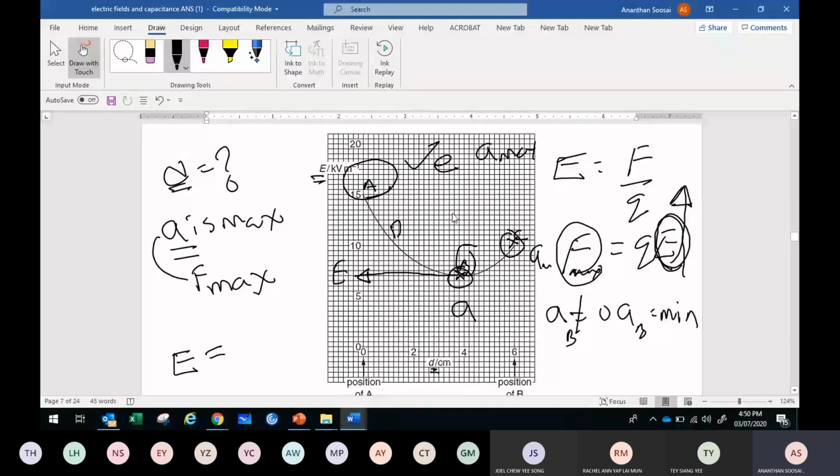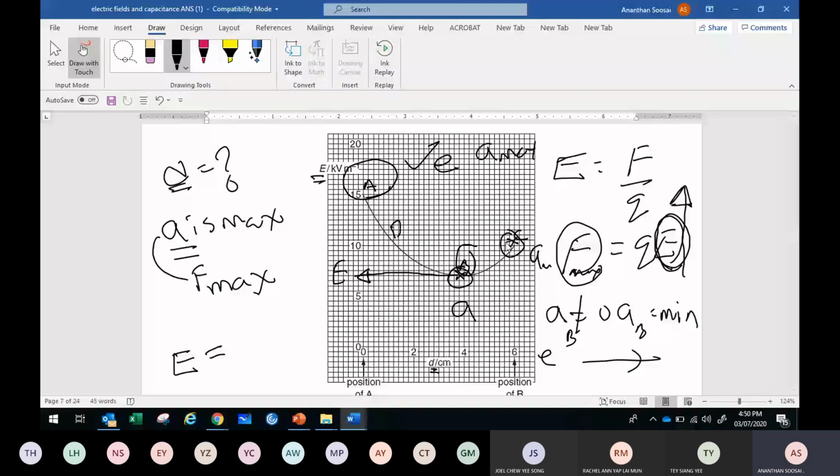The electron experiences acceleration at A, and the electron experiences acceleration at C. Magnitude wise, A has a greater magnitude than C. Then direction, is it the same or different? Is the electron accelerating in the same direction or a different direction at C? Same direction, right? Still the same direction.